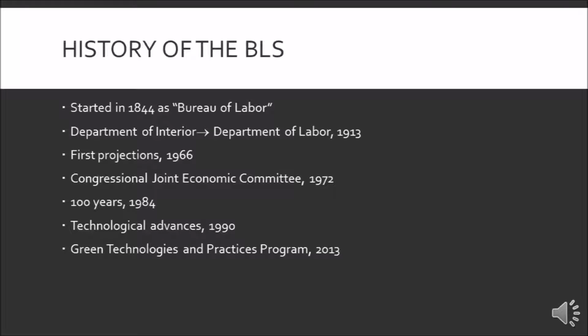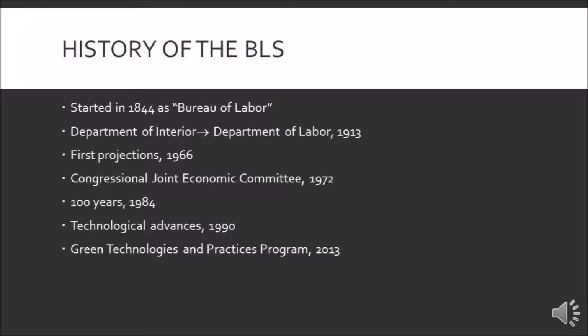So the history of the Bureau of Labor Statistics is it started in 1844 as just the Bureau of Labor, and it published the first annual report of the Commissioner of Labor, Industrial Depressions. This was the first report that was given out by the Bureau of Labor, which would then later become the Bureau of Labor Statistics.